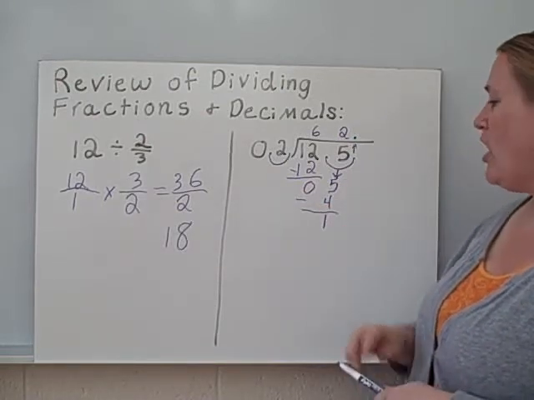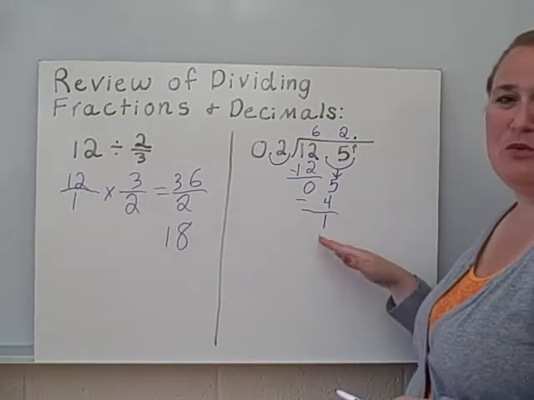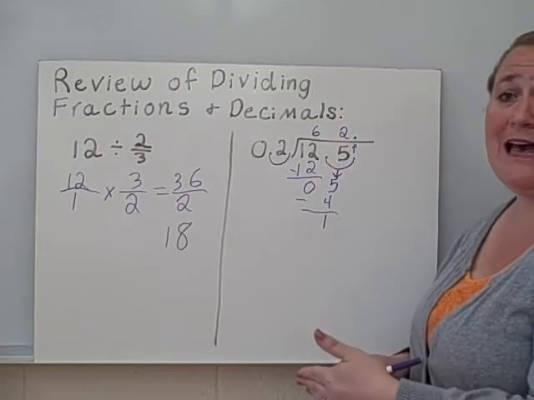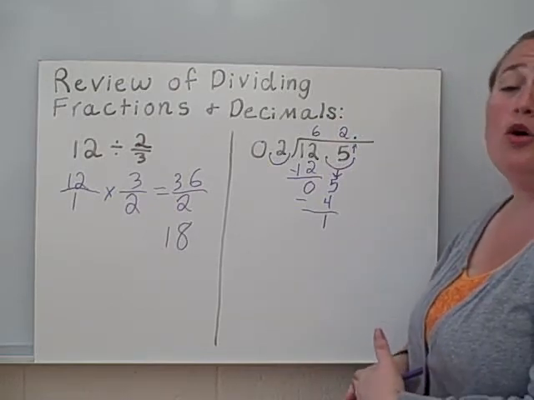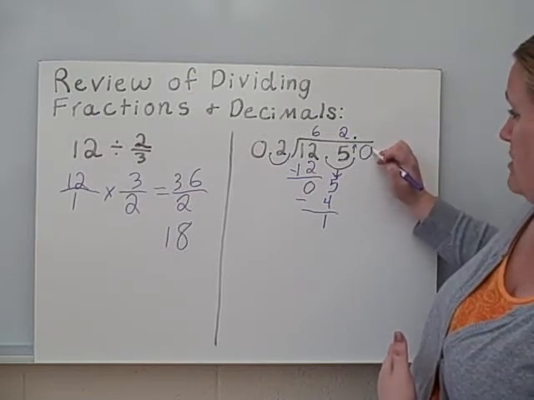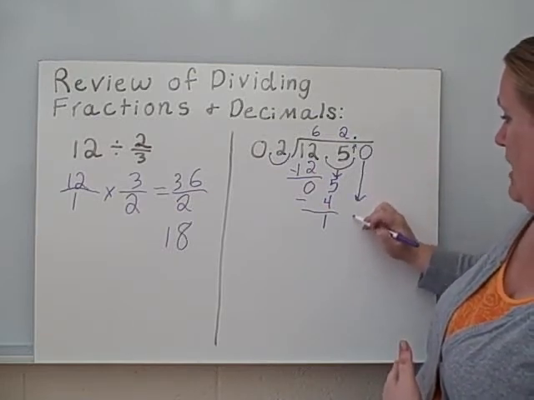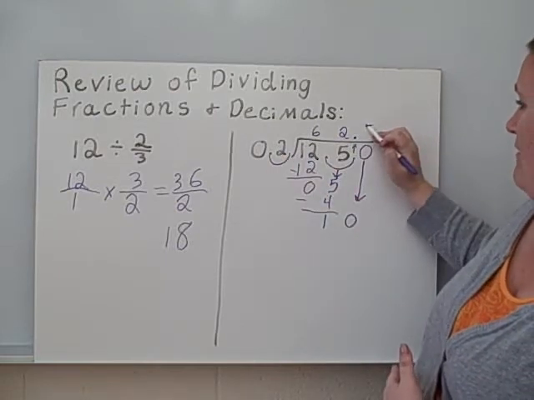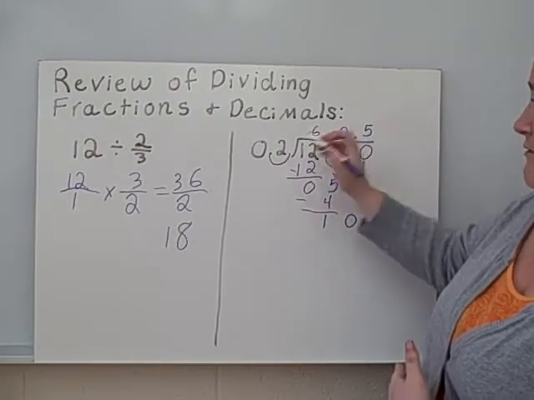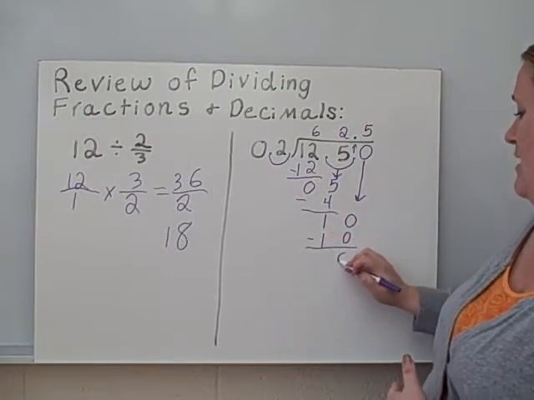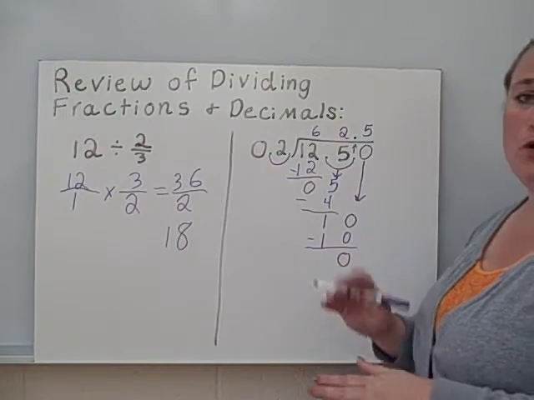Remember that we are not going to leave it with a remainder the majority of the time. We want to take it out till we either hit a terminating decimal or a repeating decimal. So we're going to have to add our 0 and bring it down. 2 goes into 10 5 times. 5 times 2 is 10. And as soon as we get the 0, we know we're done.